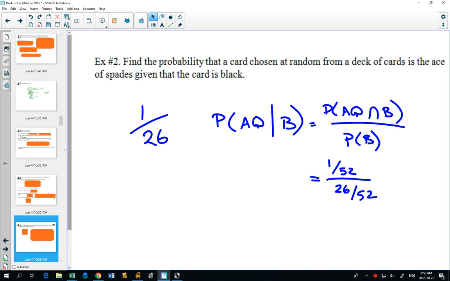And if you multiply by the reciprocal, you're going to get 1 out of 26 just the same. But again, what the probability formula does is it does the probability of the event out of the whole thing divided by the probability of the condition out of the whole thing. And that's the same as being able to figure it out directly.